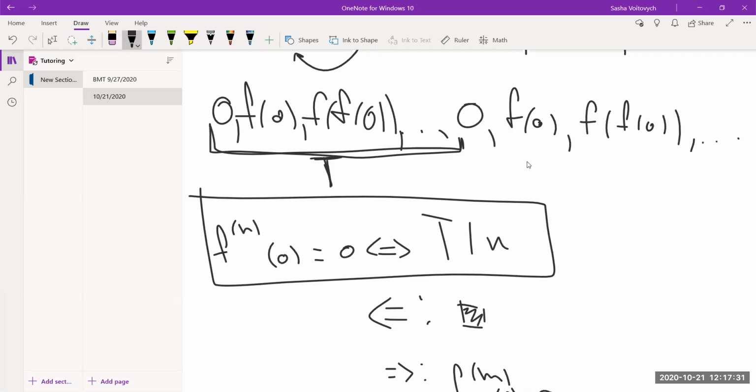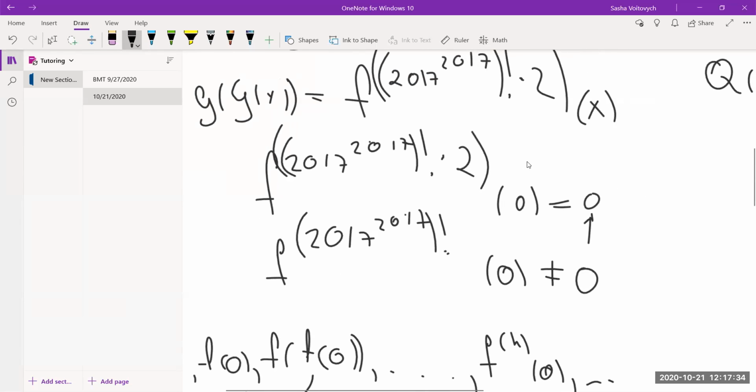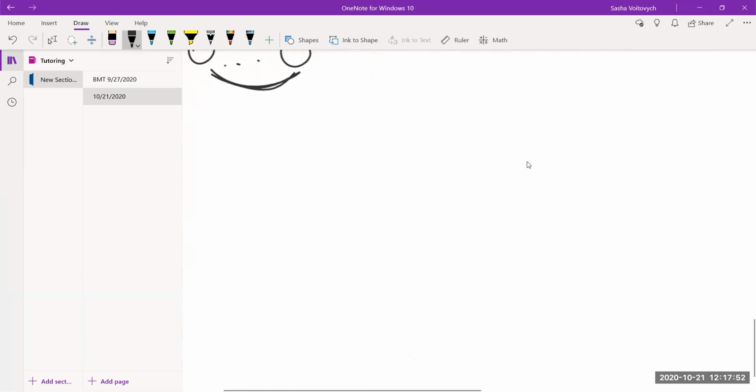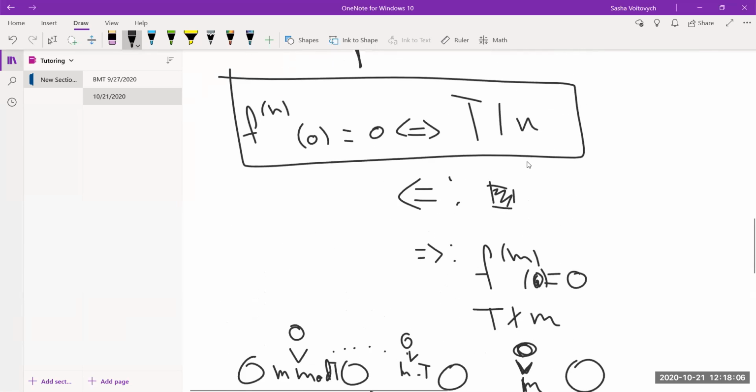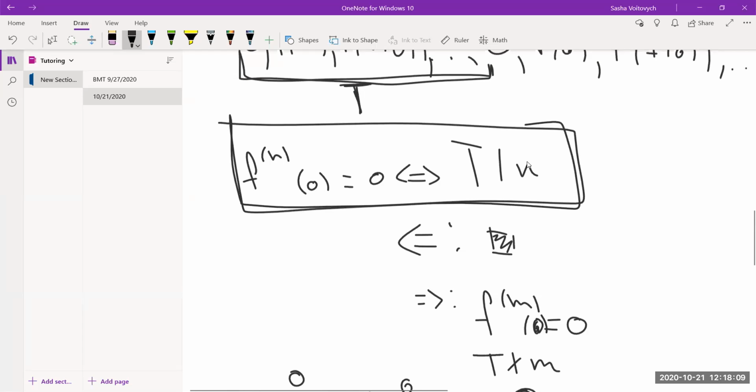Okay, so what does it mean? We also have these two facts. So we have that f concatenated with itself some number of times of 0 is not equal to 0. And for this number of concatenations, it is equal to 0. So what does it imply? It implies that our t, period of the sequence, divides 2 times 2017 to the power 2017 factorial, because this is what our fact says, that if f^n of 0 is equal to 0, then t divides n.